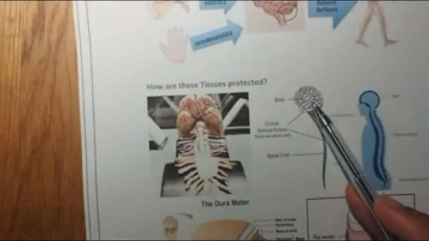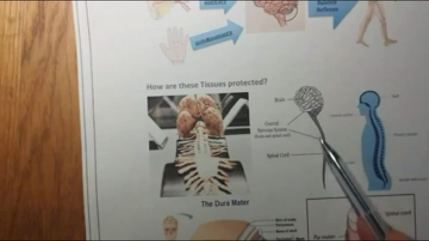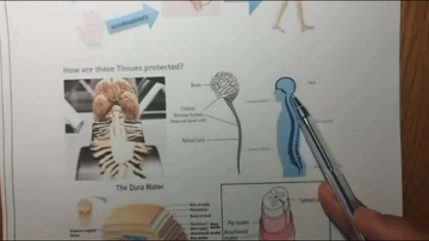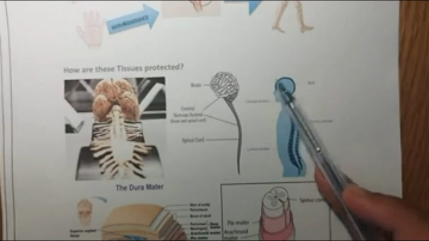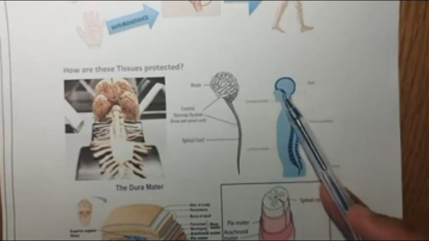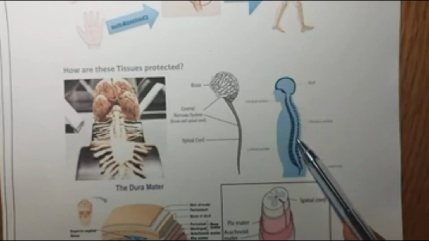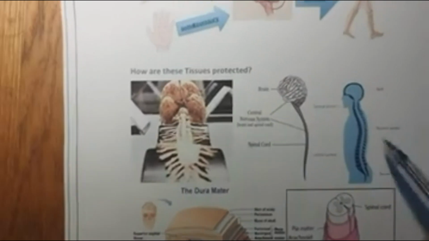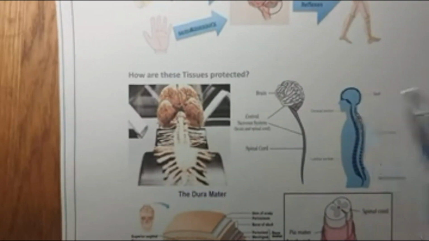They are actually protected in the body inside the skull, that is a bony skull. The brain lies in the bony skull, and the spinal cord lies in the bony spine, that's the vertebral canal, vertebral column.